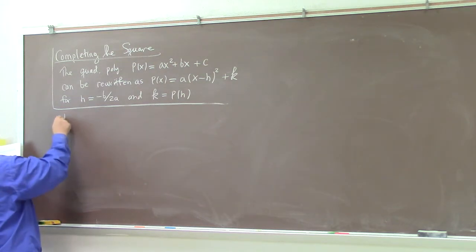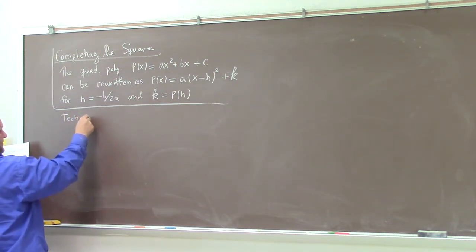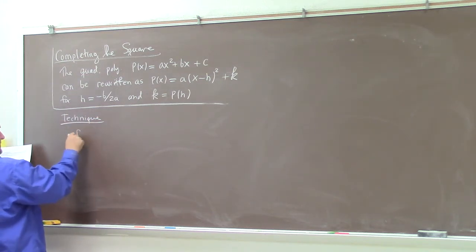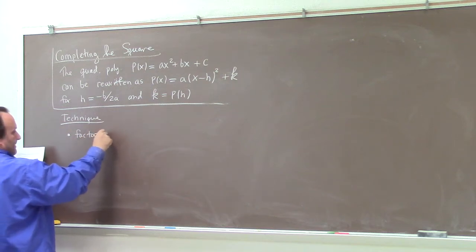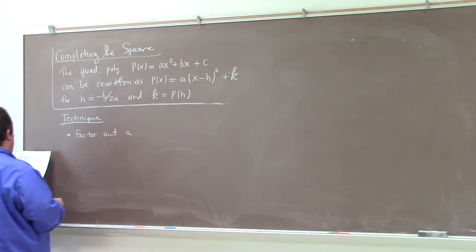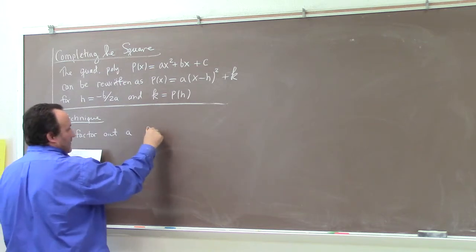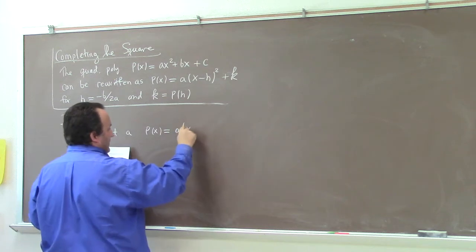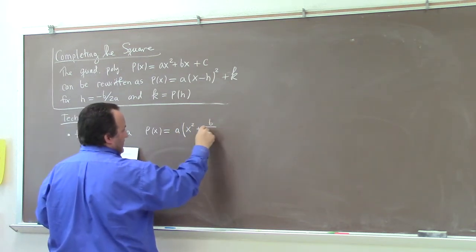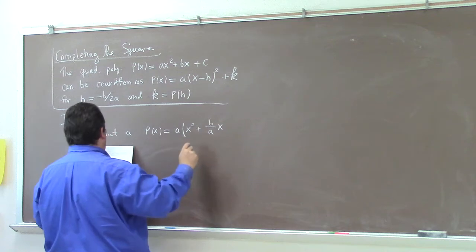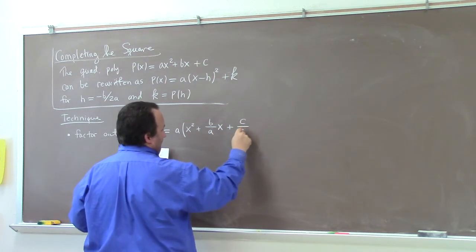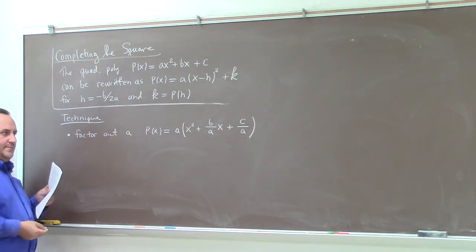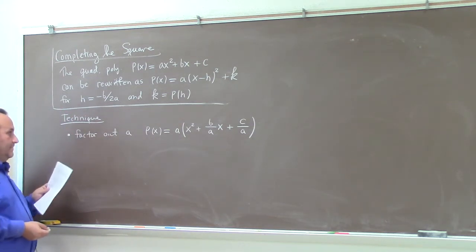Here's the technique. There are basically two steps. Step one is factor out a. So p of x is a times x squared plus b over a x plus c over a. In order to do that step I just did, I divided by a, so what do we need to know about a?